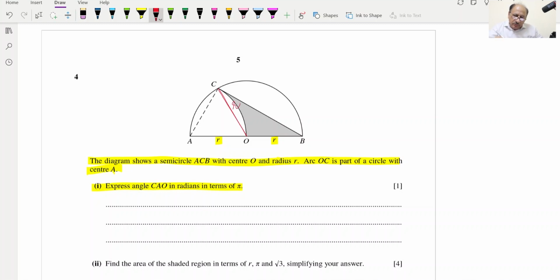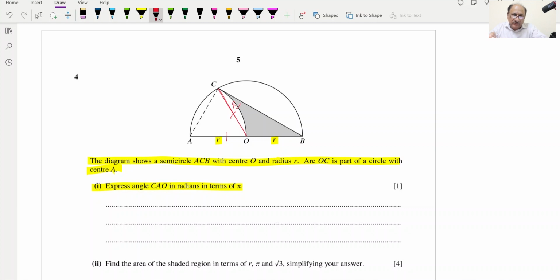So this will also be equal to R, and it is given that OAC. So if these two sides are basically R, these two are equal to each other.